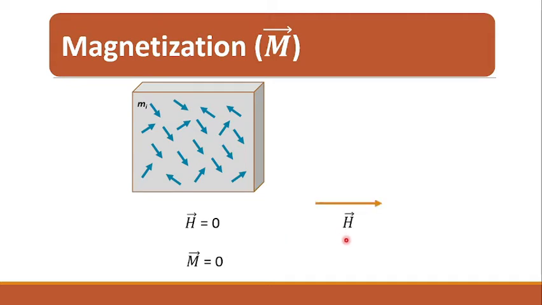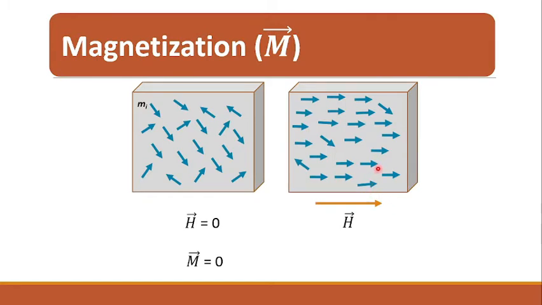But when the magnetic field is applied in a particular direction, the magnetic dipole moments of the atoms try to align in the direction of the field, and the alignment is proportional to the strength of the field H. Therefore we get magnetization in the direction of the field, and that magnetization is proportional to the strength of the field.